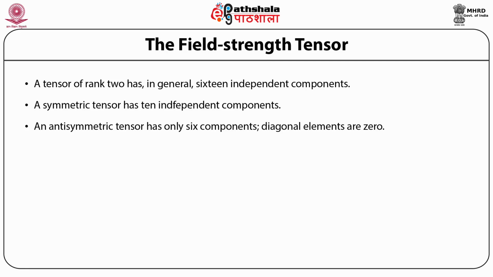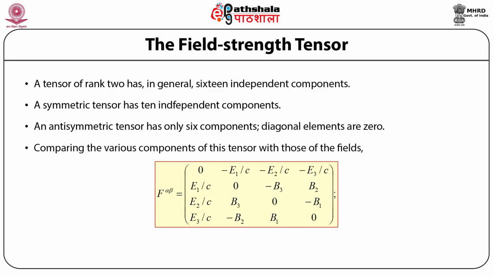The contravariant form of this field strength tensor is given as a 4 cross 4 matrix where F superscript alpha beta is equal to: the first row of the matrix has components 0, minus E subscript 1 by C, minus E subscript 2 by C, minus E subscript 3 by C. The second row has components E subscript 1 by C, 0, minus B subscript 3 and B subscript 2.